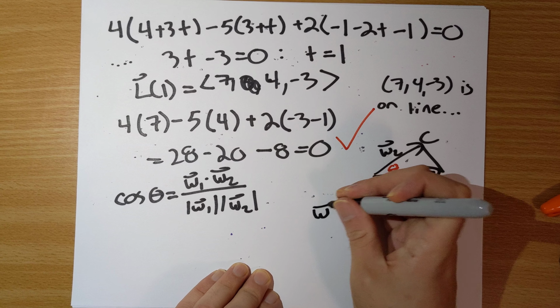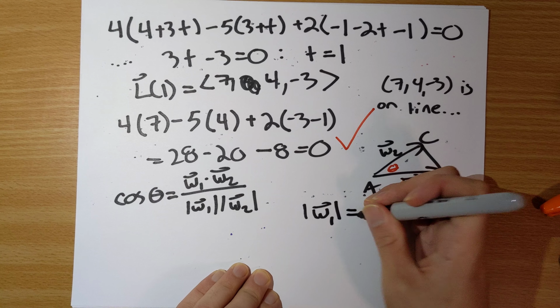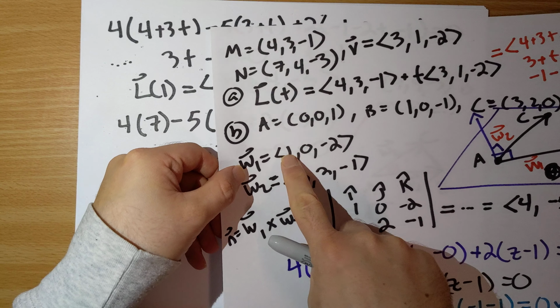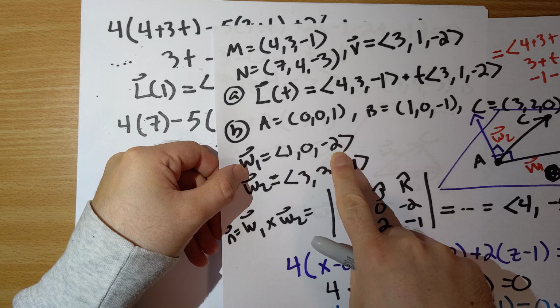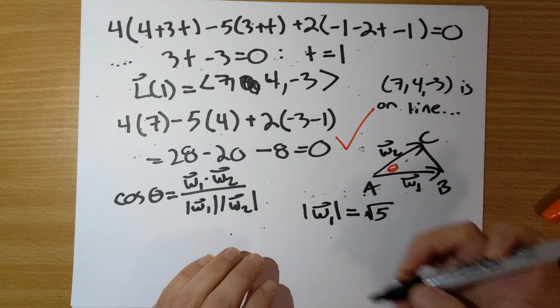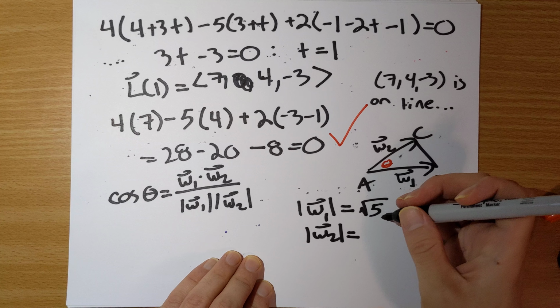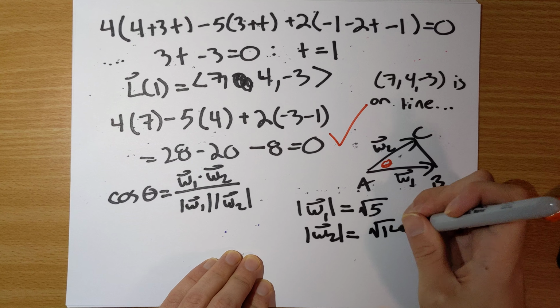So the length of W1 is going to be square root 5. That's the square root of 1 squared plus 0 squared plus negative 2 quantity squared. The magnitude of W2 is going to be square root of 14.